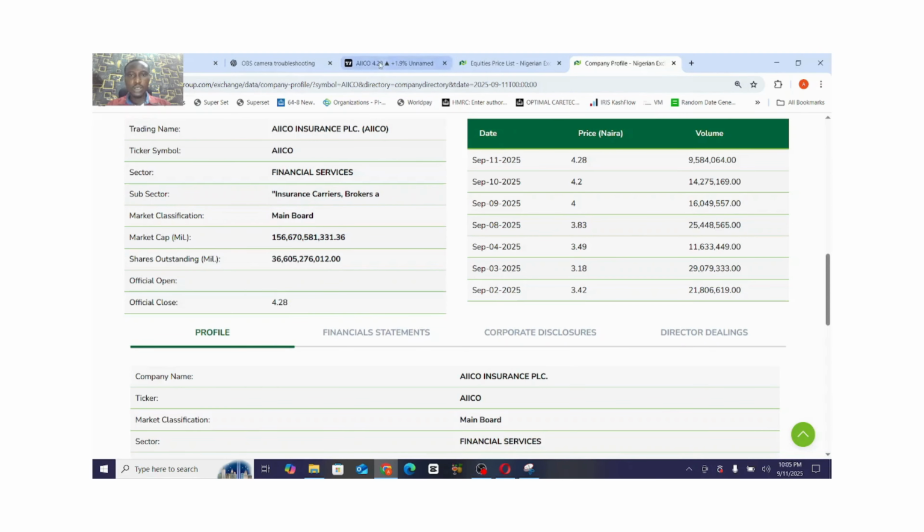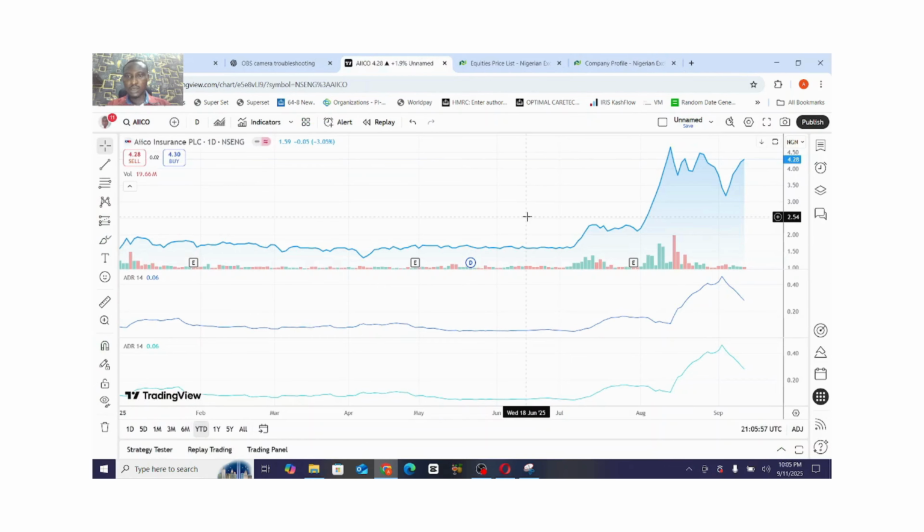Okay. So based on what I've seen here now, I will not advise you to invest in this particular stock at this time. Of course, it is my own opinion, but based on what we are seeing here, if I were to go with only technical analysis, assuming that market sentiment will favor this stock and assuming that the fundamentals are okay, if it is just the technical analysis indicator that is left, I will advise that you avoid this particular stock for now, because even if it goes high, it may not really go significantly high.